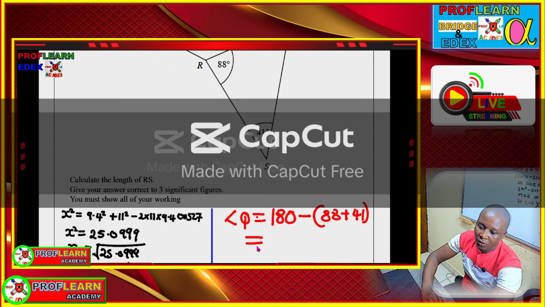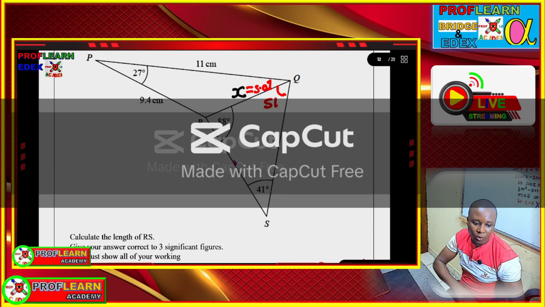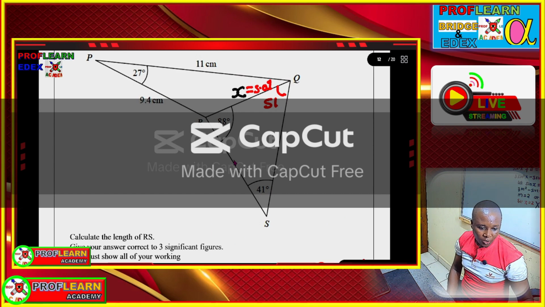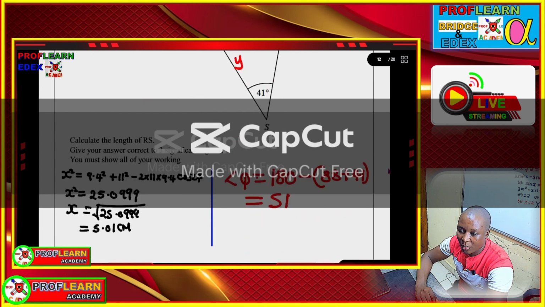For us to find that, we need to know what angle Q is. Q is going to be 51, because we add 88 plus 41 and subtract the answer from 180. Once you have angle Q, we can apply the sine rule.